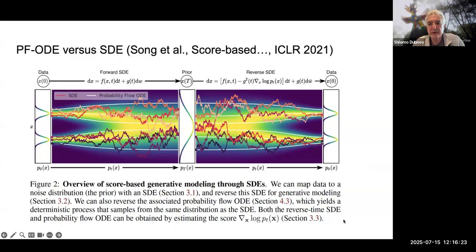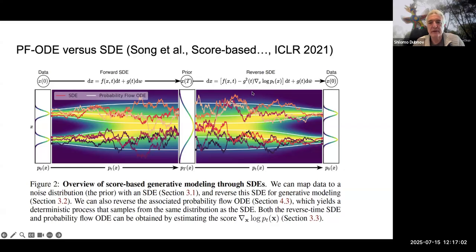If we go back to the SDE formalism, we have seen that we can start with some distribution of the original data, and then by going through this Wiener process or the diffusion process, we smear this into basically noise, like a Gaussian, which loses in practice all the information about the original distribution. But if we do know the score function, we can go back and reconstruct new samples.